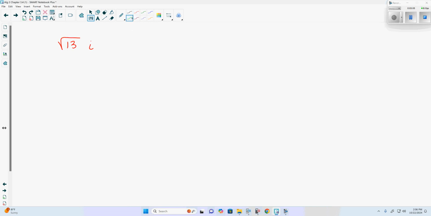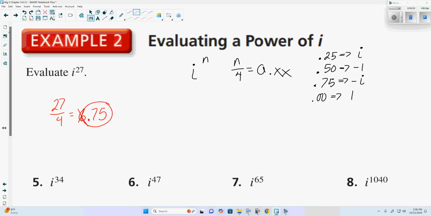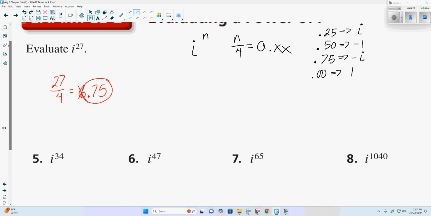It's just that the i has a tendency to creep its way back inside the radical, so we put it out front just to make sure. If there is another number, we'll put it in front of the i. So looking at this, our 0.75 tells us that this would simplify to -i.